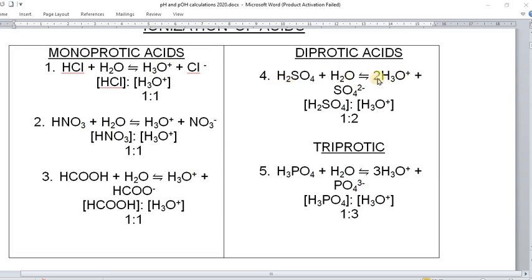So if you apply it here, for a diprotic acid, sulfuric acid produces 2, so the ratio of the concentration or the number of moles is 1:2. For a triprotic acid like phosphoric acid, the ratio is 1:3. So you need to understand these ones.